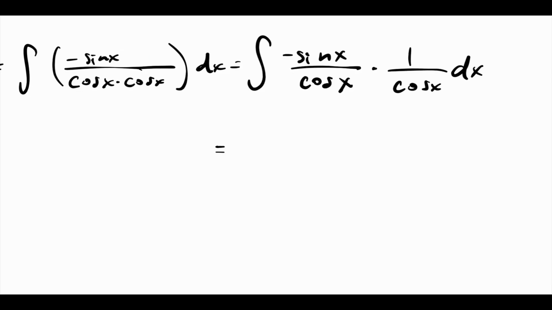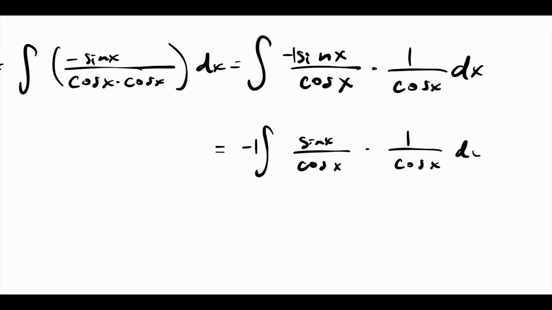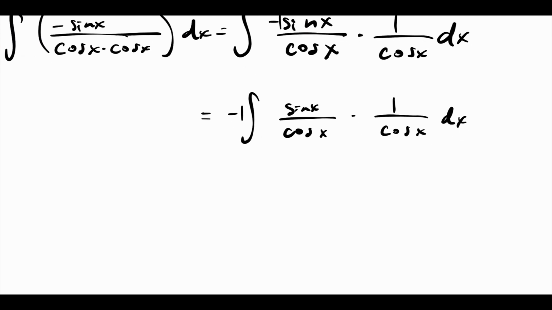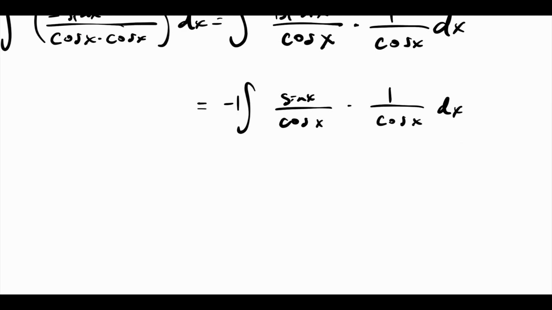So I'm going to move the negative in front, because it's really just negative 1. So now you're going to change sine of x over cosine of x to tangent of x. And then 1 over cosine is secant.